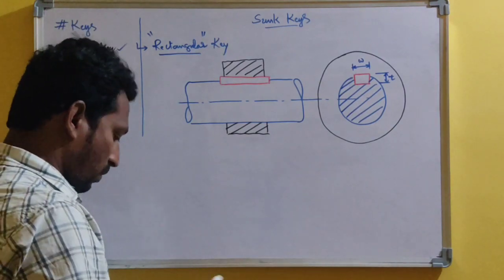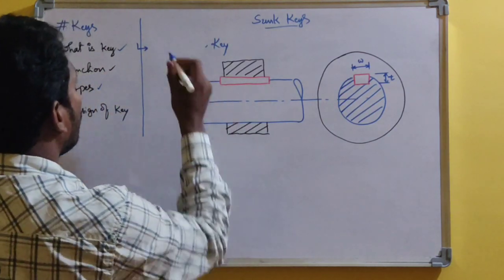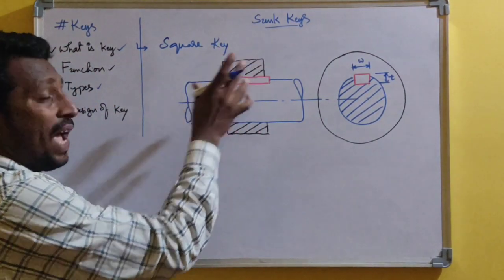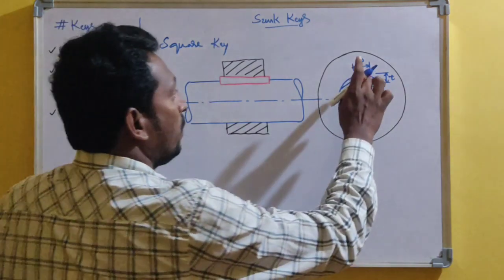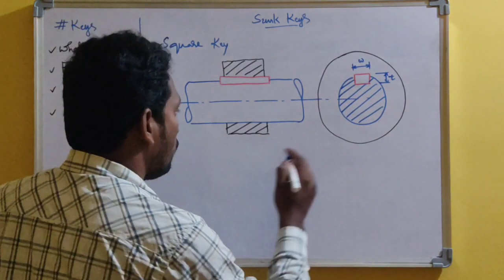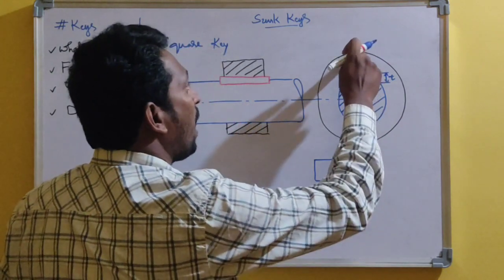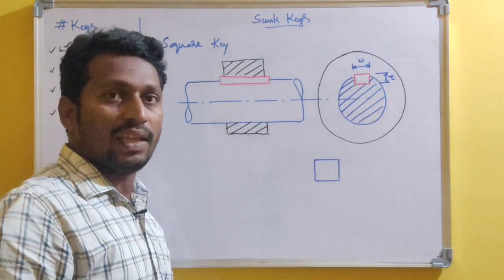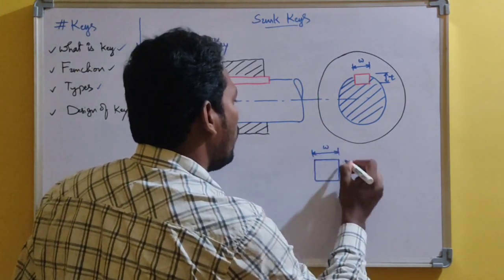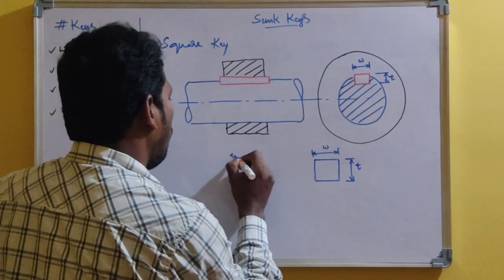In the case of a square key, the diagram will be the same, but the section is square. Previously, in the rectangular key, we had different dimensions for width and thickness, but here in the square key, this is the width and this is the thickness, where w equals t.